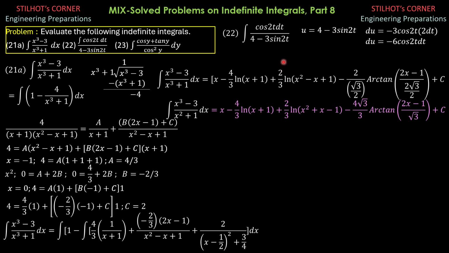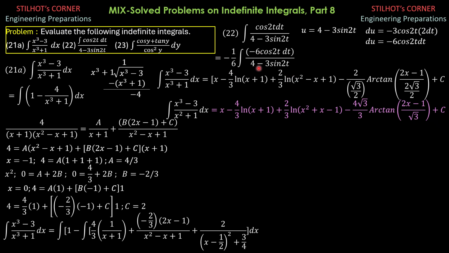So that's du. Negative 1 over 6 times the quantity negative 6 cosine of 2t dt over the same expression, which is imagined to be u. So negative 1 over 6 integral of negative 6 cosine 2t dt over the denominator 4 minus 3 sine 2t.